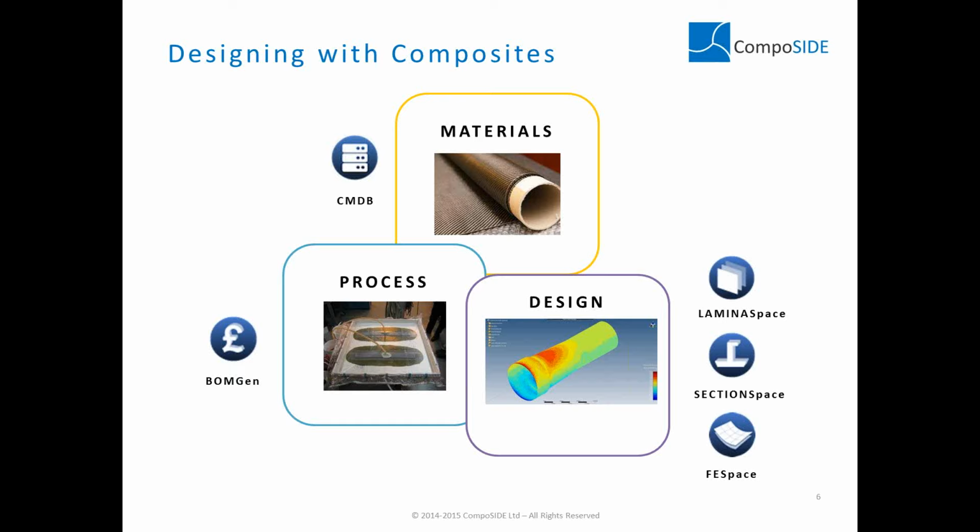So importance of material and process data is very, very important to the end result of your project. Today we are concentrating on CMDB, which covers material part of the projects and also a bit of the processing. But as you can see, we also showed you other modules which are part of a CompoSIDE platform, which covers other parts of the design process.